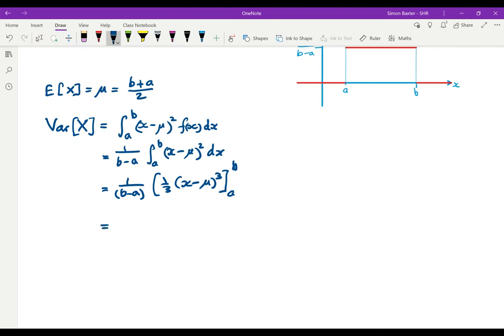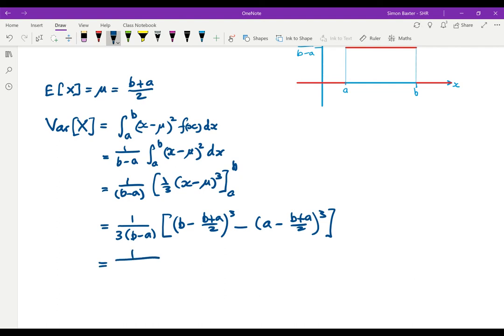I've got 1 over 3 B minus A. Now in the bracket I've got putting B in, B minus mu. And this B minus mu is B plus A over 2, cubed. Subtract and put A in, we get A minus B plus A over 2, cubed. It's not as nasty as it looks. It's actually very nice.